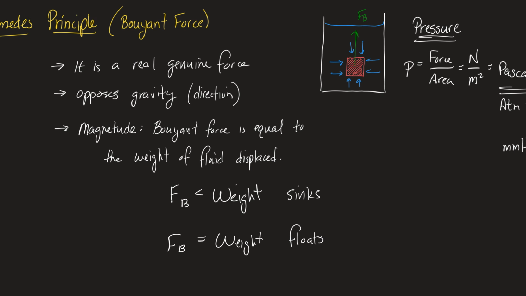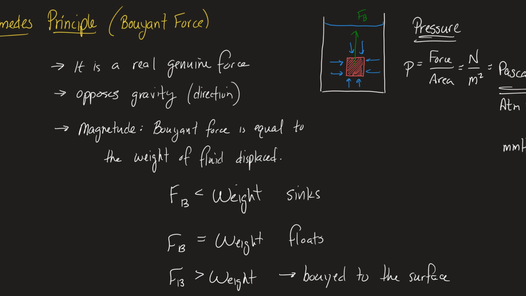And the net force would be zero, but that means it could float anywhere in there. And if the buoyant force is greater than the weight of the object, then the object would get buoyed to the surface. That's just what happens there. So floating is when those things are equal.